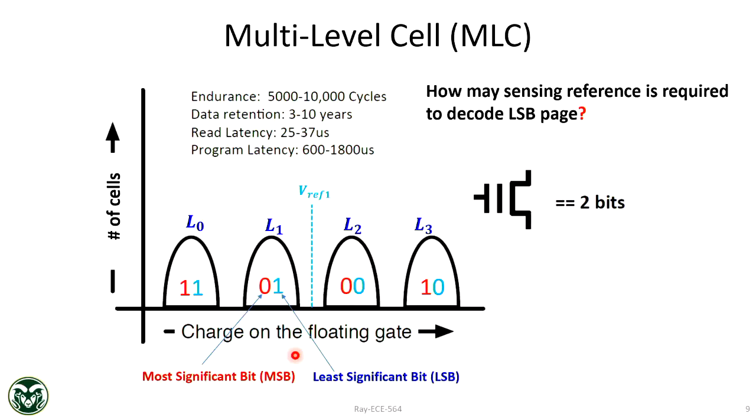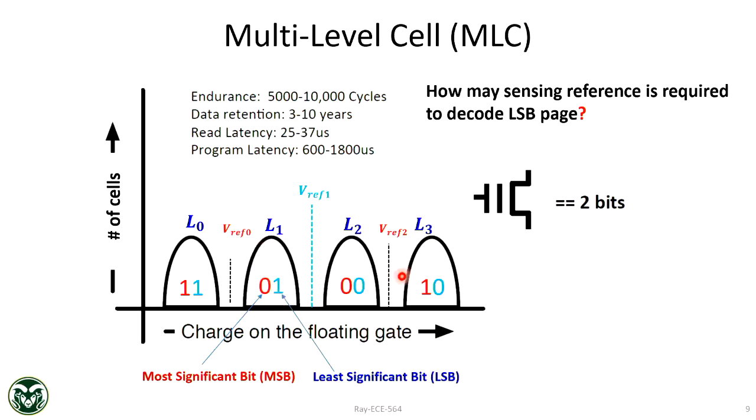How about MSB? Can you do it in one sensing? No. You have to do 2 sensings. So you apply one sensing here. If it conducts, then it is definitely 1. If it does not conduct, you are not sure. It can be 0 or it can be 1.